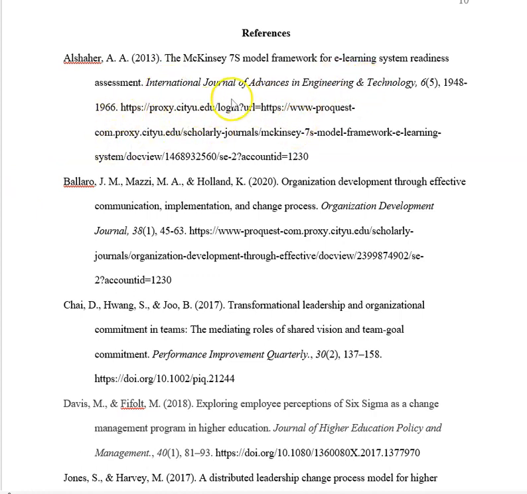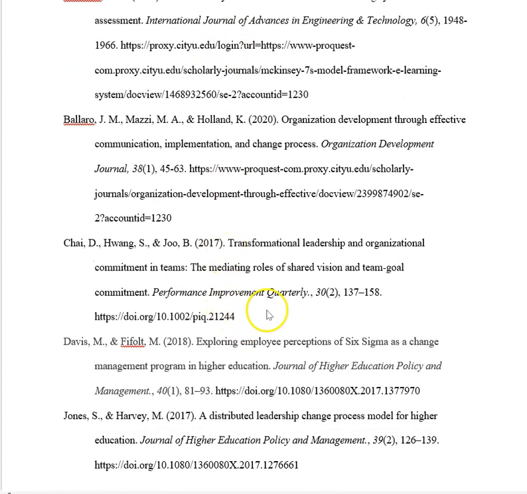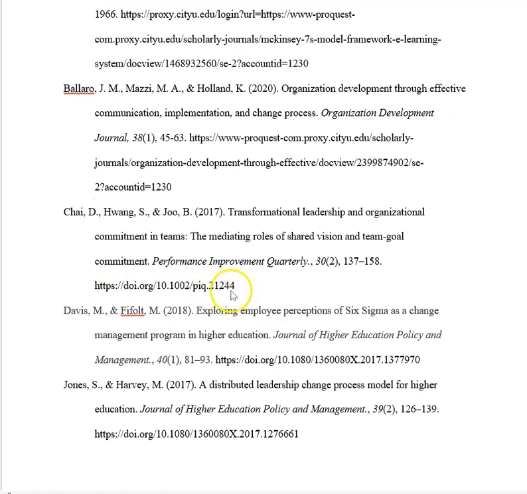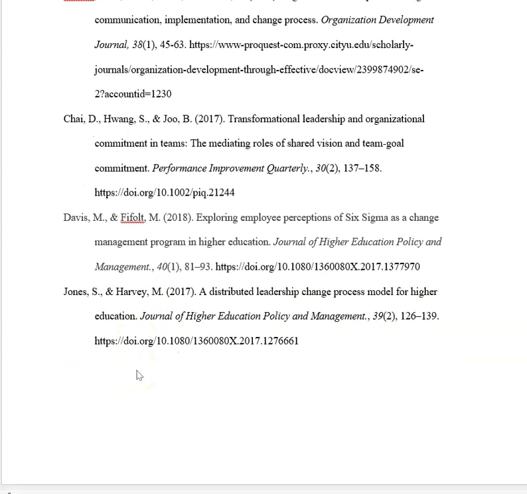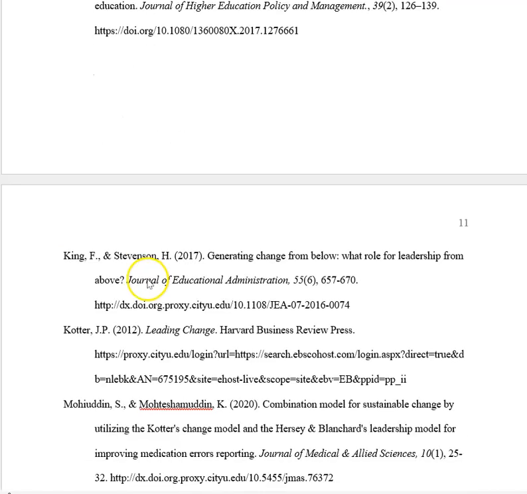They have the links to where they found the article in ProQuest, or a DOI address. So they're not using authors' first names, they're just using the last name of the authors followed by the initials of the authors, which is a good thing.